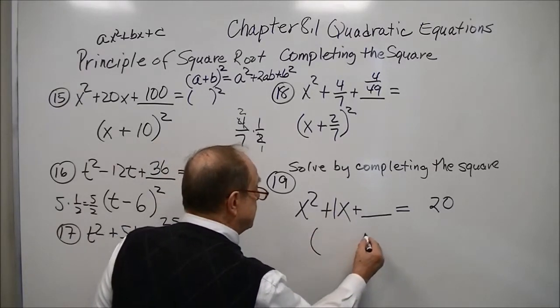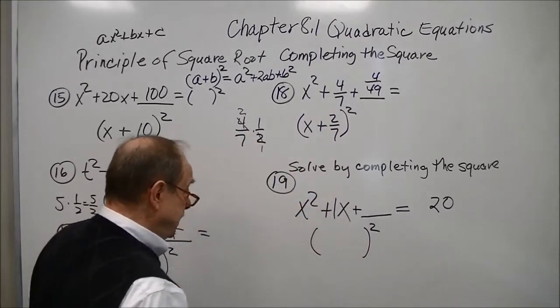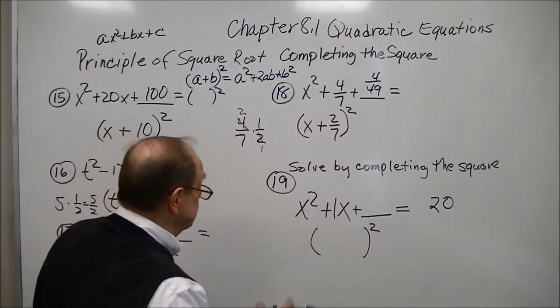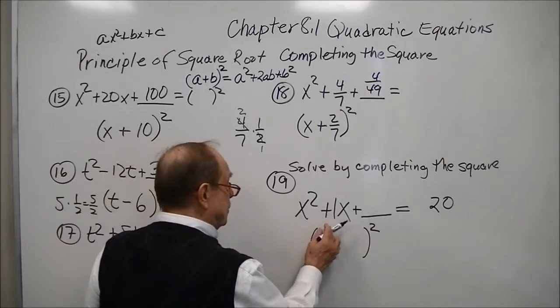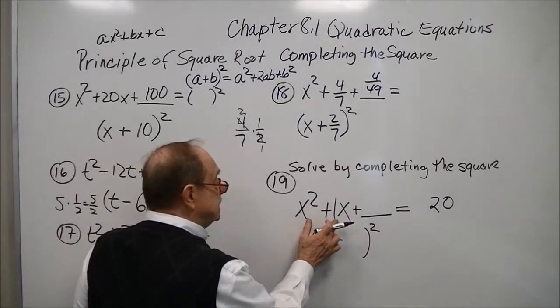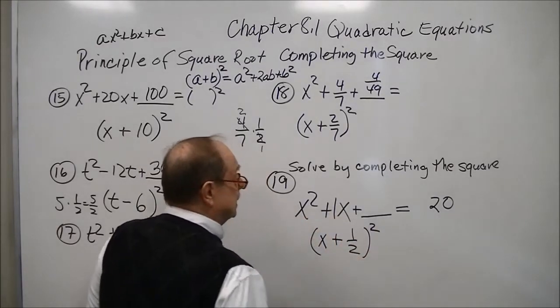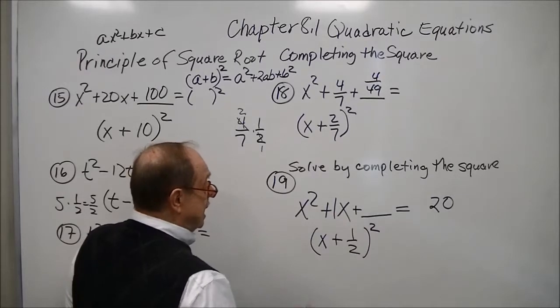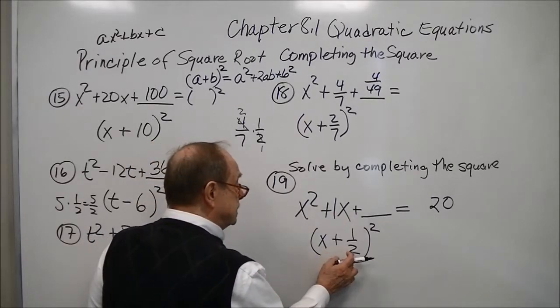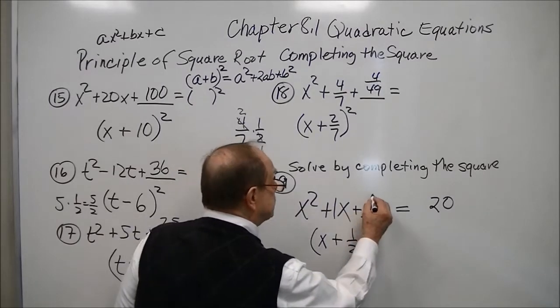So I'm going to put a set of parentheses, like we've been doing. They could have given us one a little easier, but this is okay. So x goes there, a plus goes there. What is half of 1? Well, 1/2. Now, what is 1/2 squared? Well, it's 1/4.